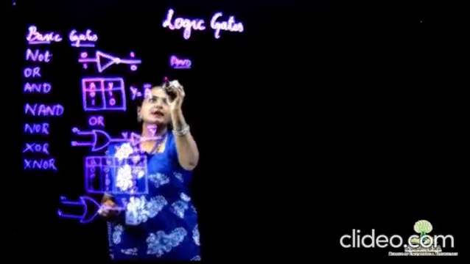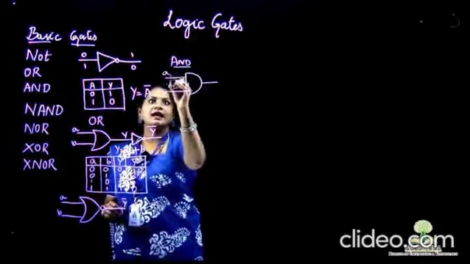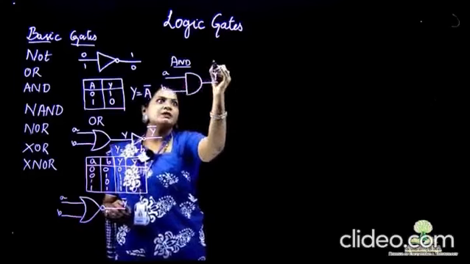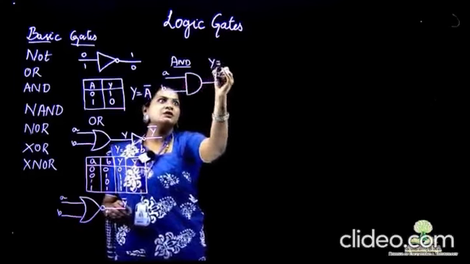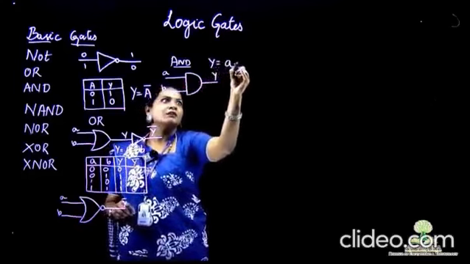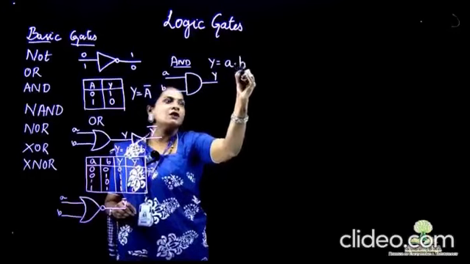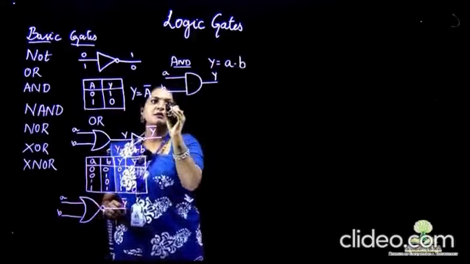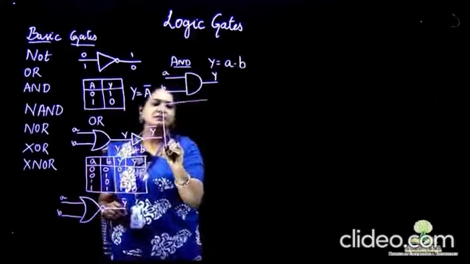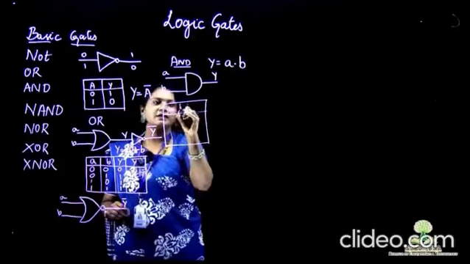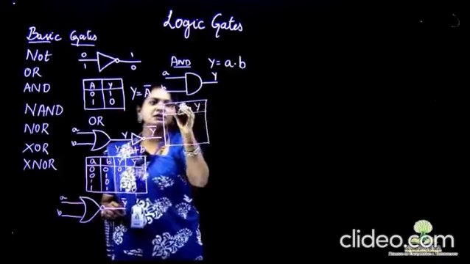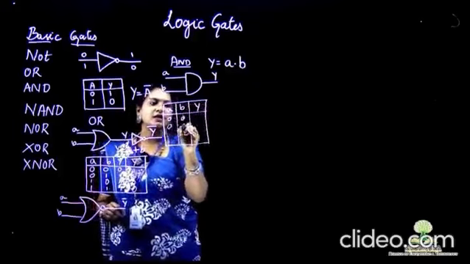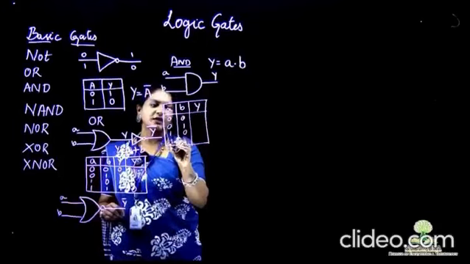If I consider A and B as the inputs and Y as the output, the expression for the AND gate would be Y equals A dot B, where the dot represents the AND operation. Coming to the truth table, if A and B are the two inputs and Y is the output, the possible inputs are 0 0, 0 1, 1 0, and 1 1.